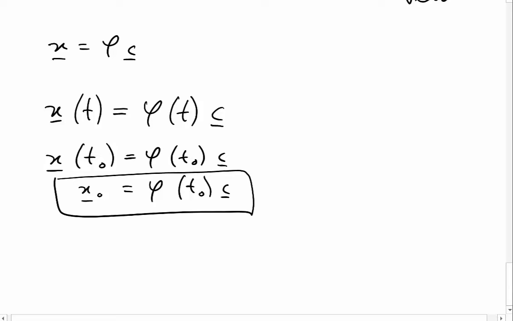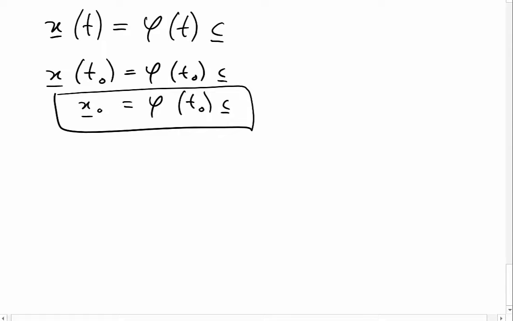So hopefully you're following. There's nothing difficult going on. All I'm doing is introducing the notation. Perhaps I'm making it overly complicated. Let me write it out again: phi at time 0 times c equals x0.